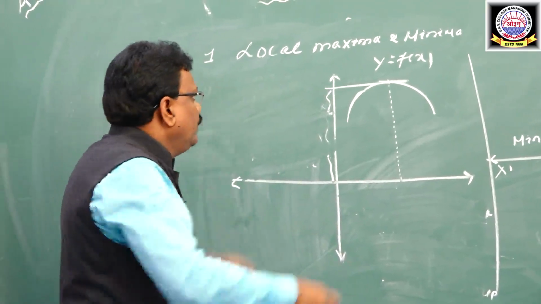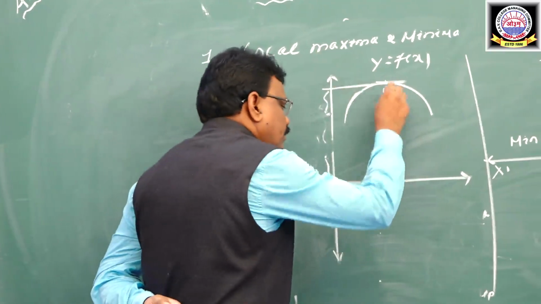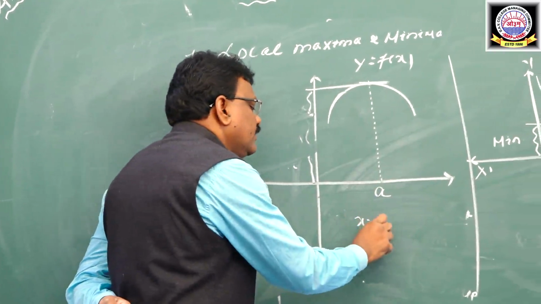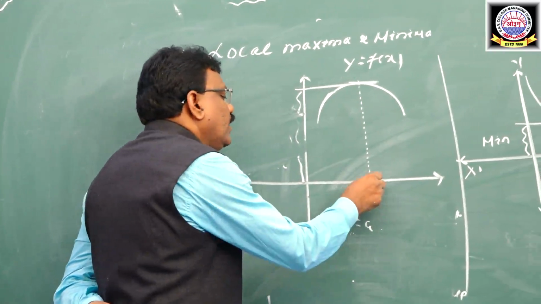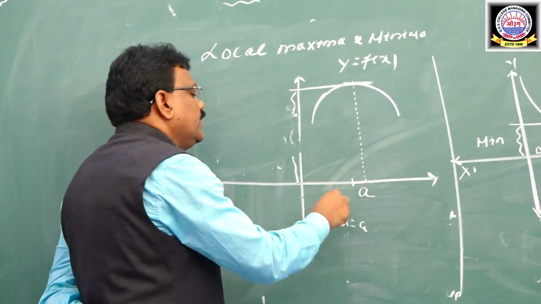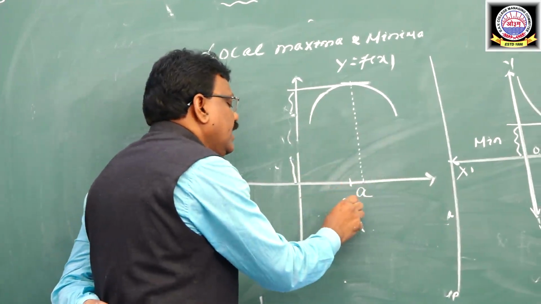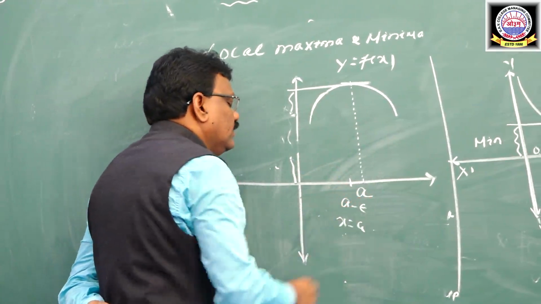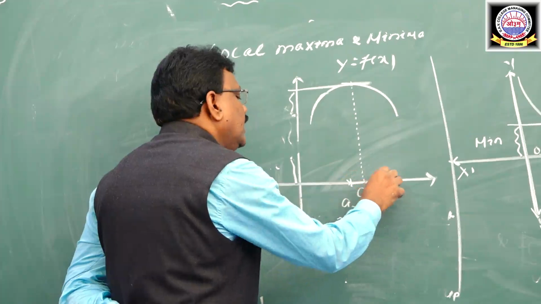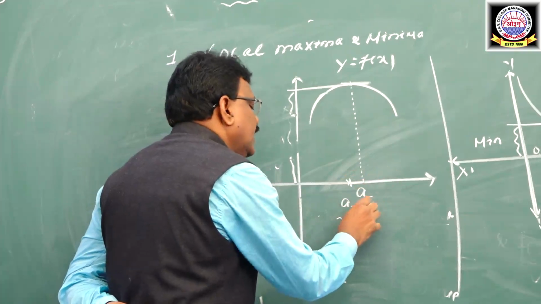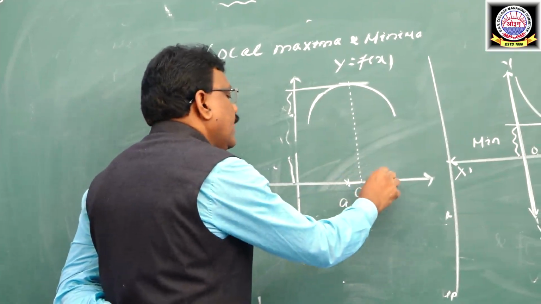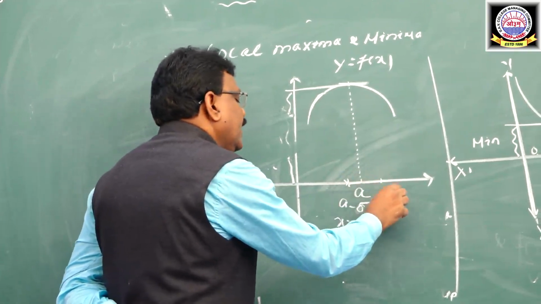So before coming to the local, suppose I am choosing a point A here, that is x equal to A, and I take one point prior to A, meaning previous to A. Let this point be A minus delta, and to the right of A I take A plus delta.